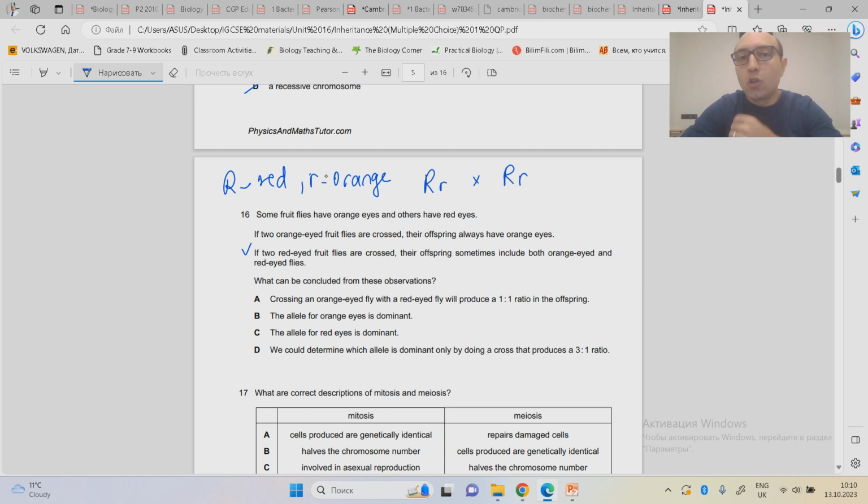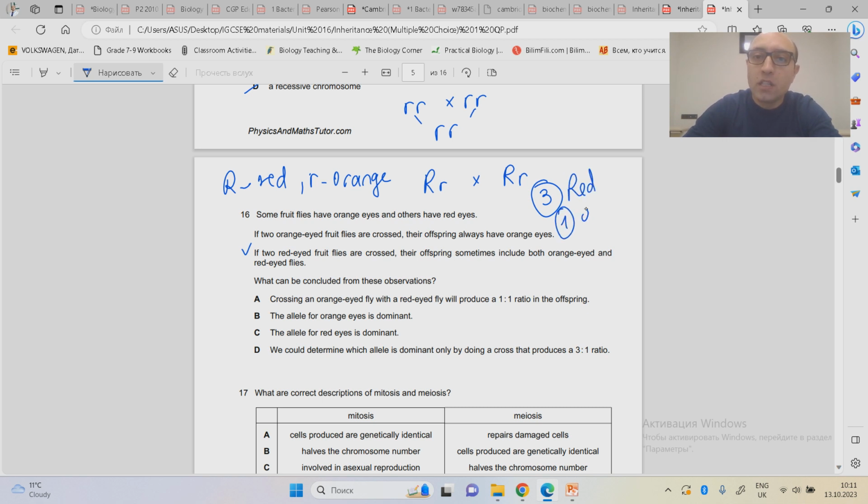So if I cross, guys, two orange-eyed, small r with small r, you know that in here there's no choice. Only orange-eyed will be produced, which is about the second sentence. But if we go to the third sentence, guys, if I cross this heterozygote with another heterozygote, there is a possibility that three of them will have red eye.